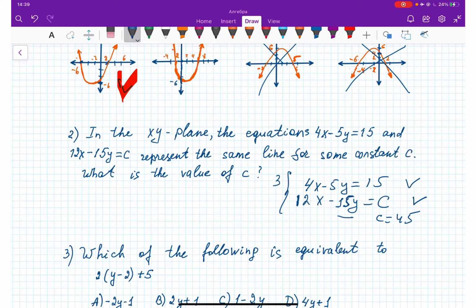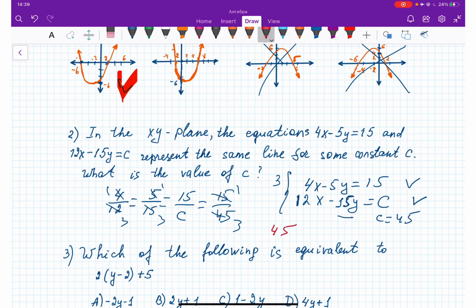Or I can make a proportion, 4 related to 12 as 5 related to 15 and 15 related to c. So 4 and 12, 1 and 3, 1 and 3. So to keep the proportion ratio 1 over 3, this c has to be 45, right? 15 over 45, so it would be 1 and 3. So the answer is going to be 45.